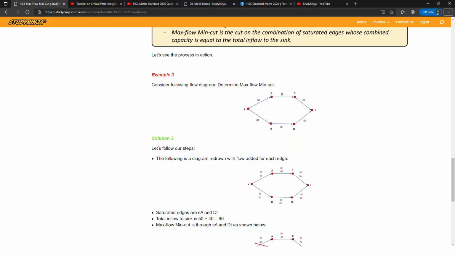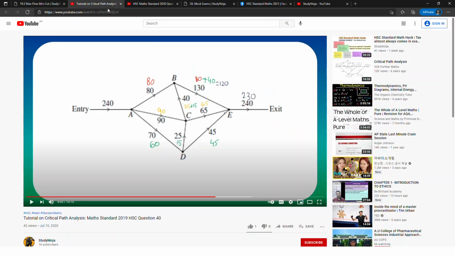I'm not going to actually solve this question for you because that will take a bit of time, and it's covered in this video. So I would recommend you go through this. The key skill you need to learn is how to iteratively go back and forth to figure out how much flow can go through each of these paths.